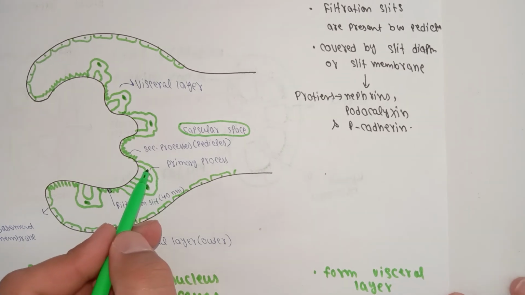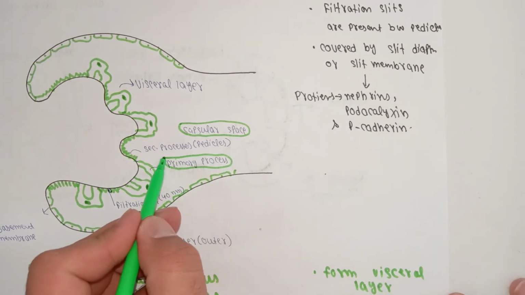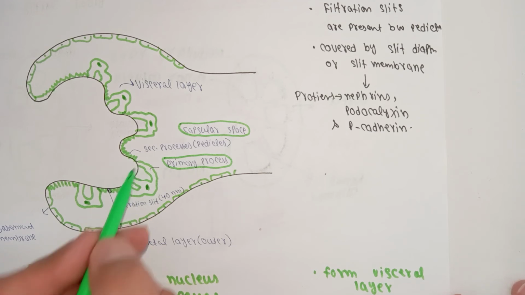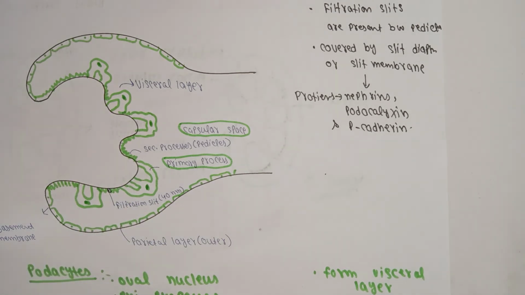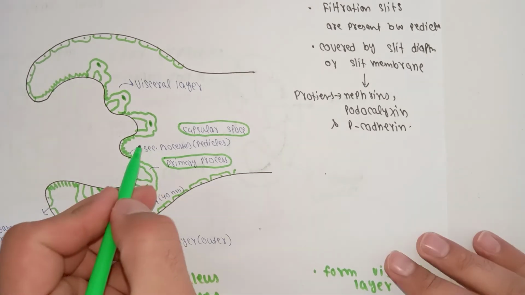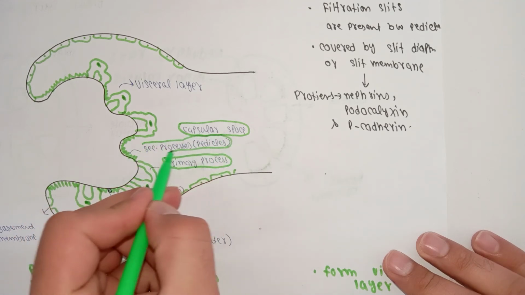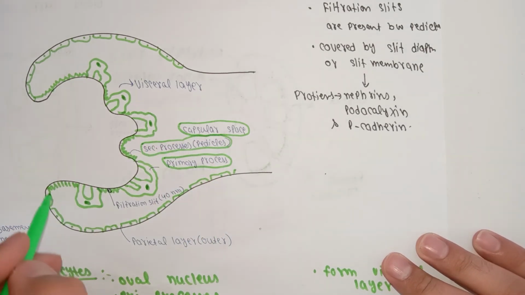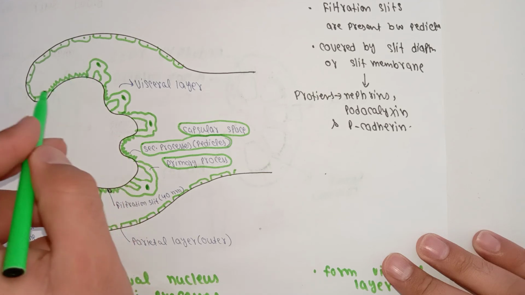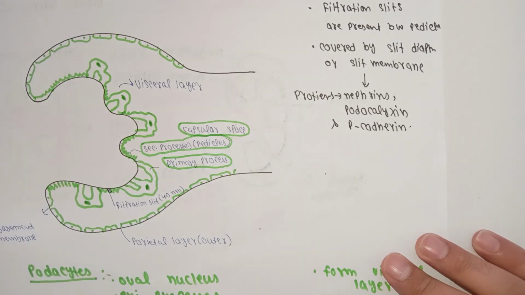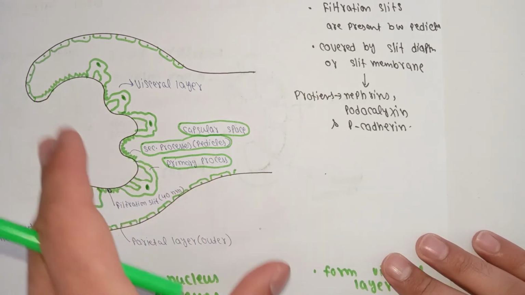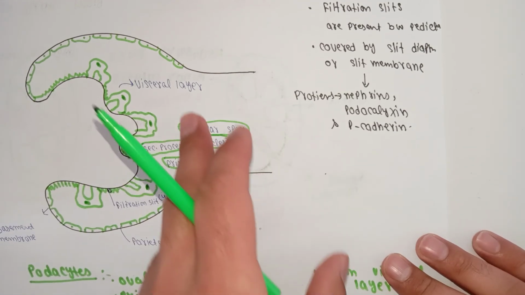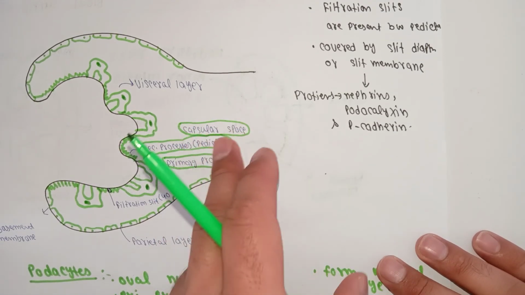This is the primary process of the podocyte, and this primary process gives rise to secondary processes which are called pedicels. It is important to know that pedicels are dispersed over the glomerular basement membrane. These are the two layers, and between them is the capsular space.